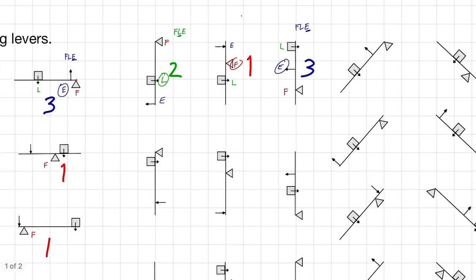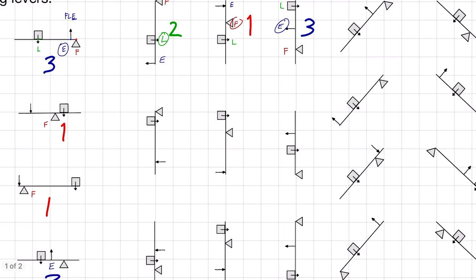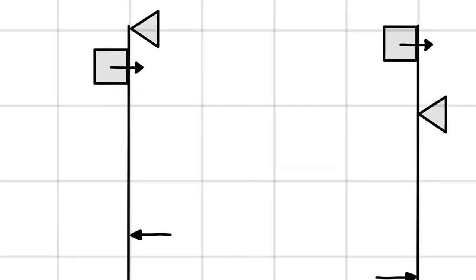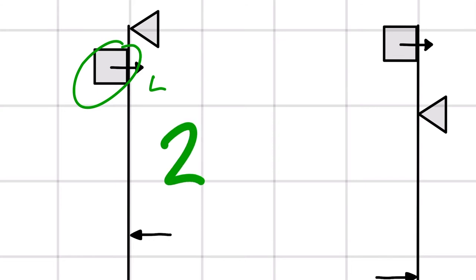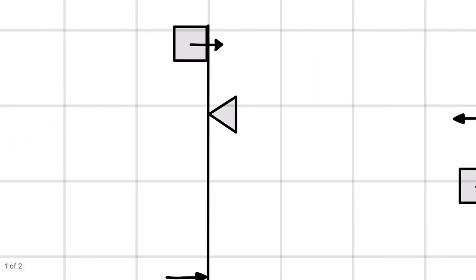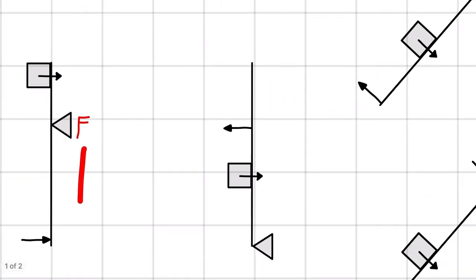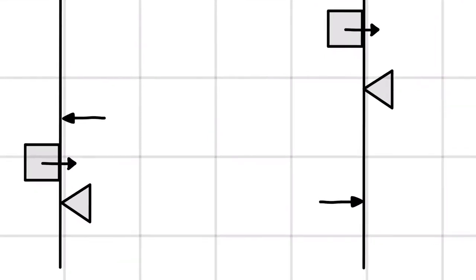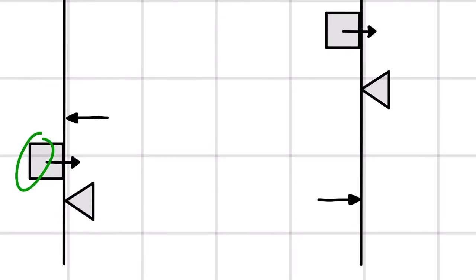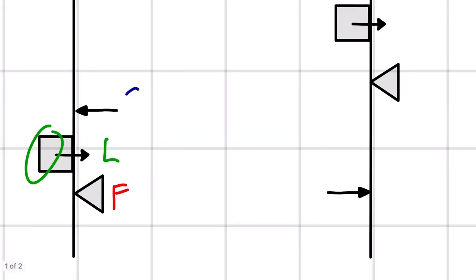And again, I'm going to be doing these next ones at a little faster pace. Just looking at the center. This is the load. So it is a second class lever. This is fulcrum in the center, telling us it's first class lever. What's in the center of this one? Well, it's the load. So second class lever. This one here has got the load in the middle. Even though they're tight, this is the load in the middle, fulcrum, and the effort.